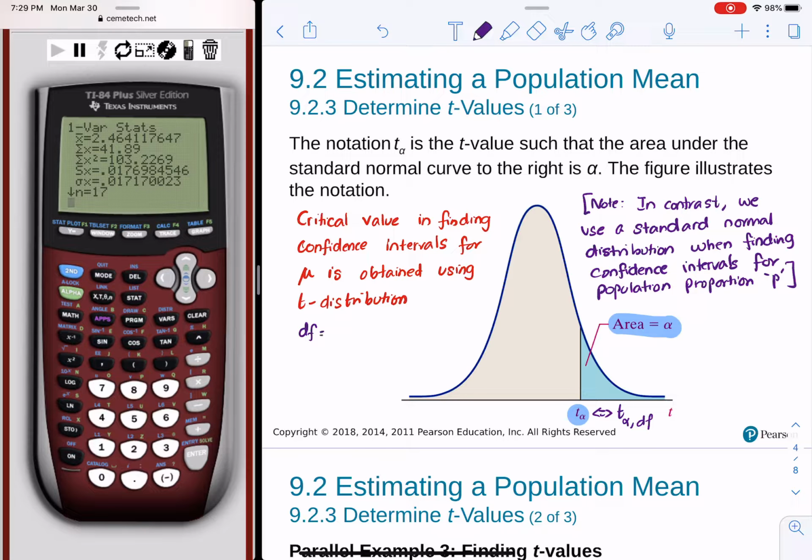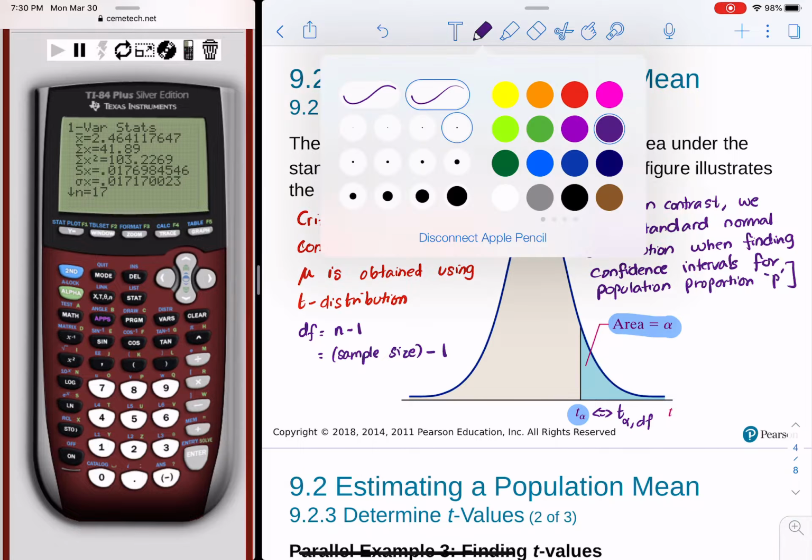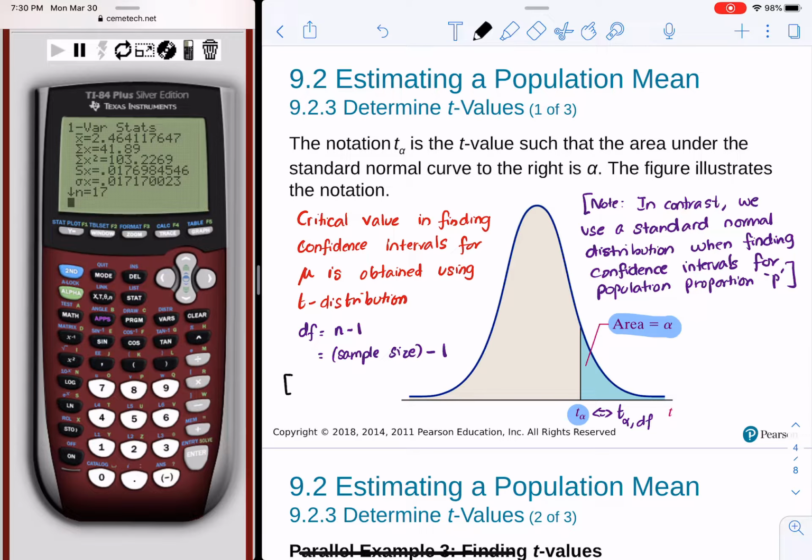The degrees of freedom in our case is n minus 1, which is the sample size minus 1. So, over here, the calculator function is inverse t. Previously, with proportion, the calculator function was inverse norm. There are some key differences that we will find today.